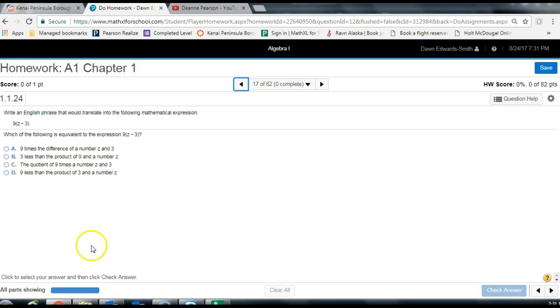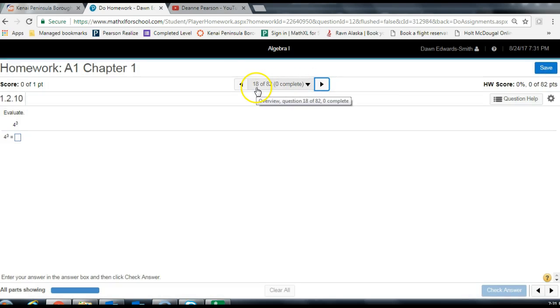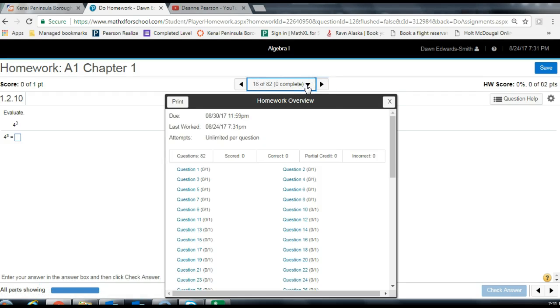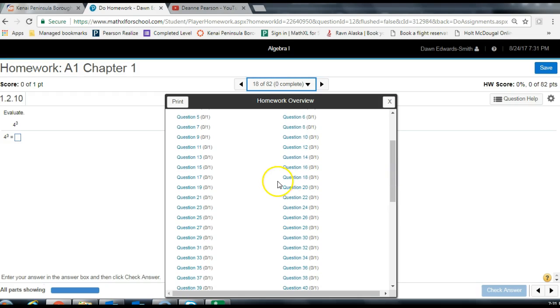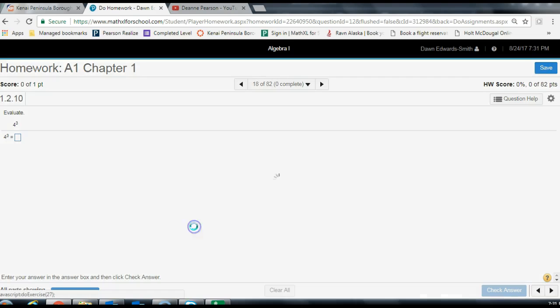So now if I go back to our homework, and we were at 1.1 problem 24. If I go to the next problem, which is problem 18, I'm at 1.2.10, and I have my exponents in there. I want to keep going with these problems until I'm down to problem 27. So you'll go problem 14 through 27.